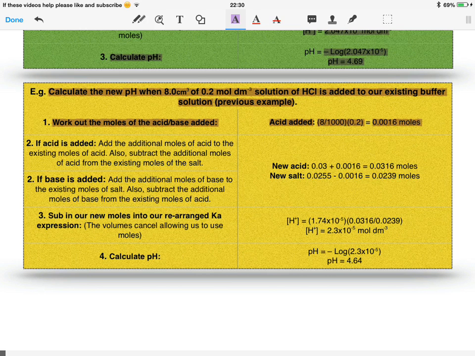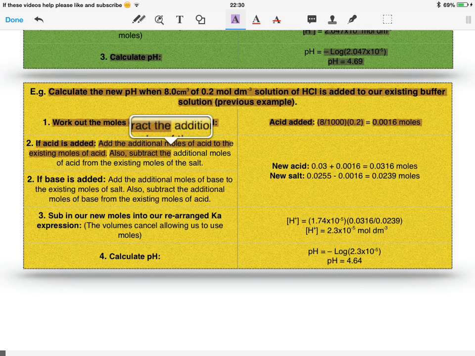Yeah. Next, if acid is added, we add the additional moles of the acid to the existing moles of acid.